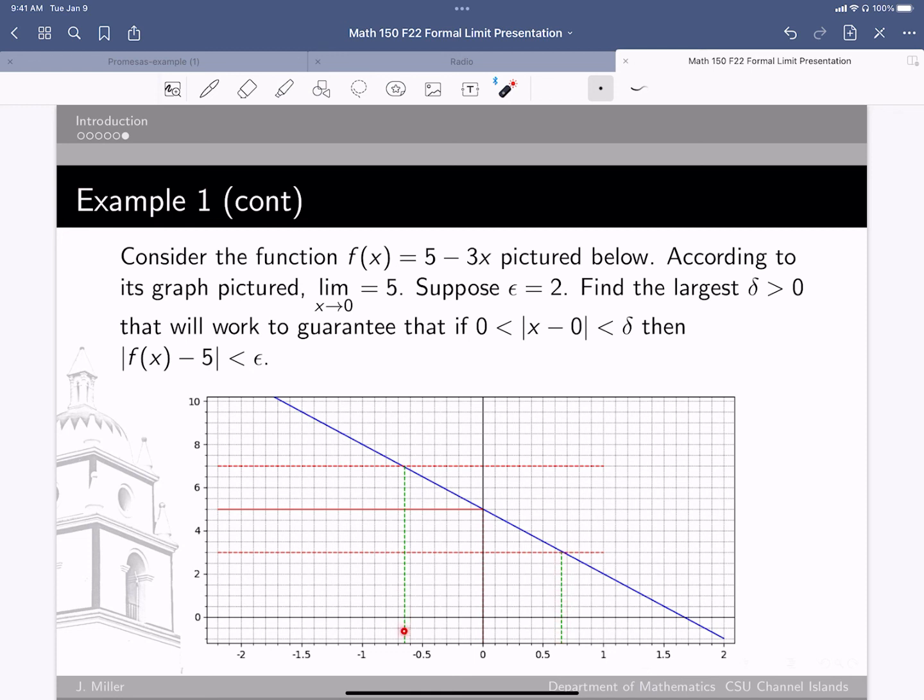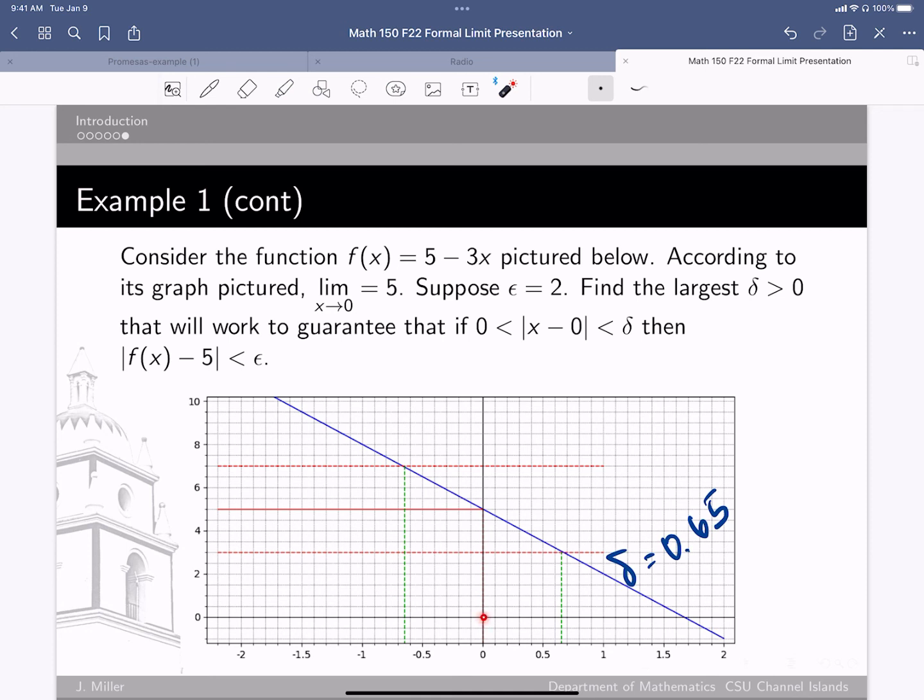And this here looks like it's at about negative 0.65. So the distance between 0 and the right endpoint is 0.65, and the distance between 0 and the left endpoint is 0.65.